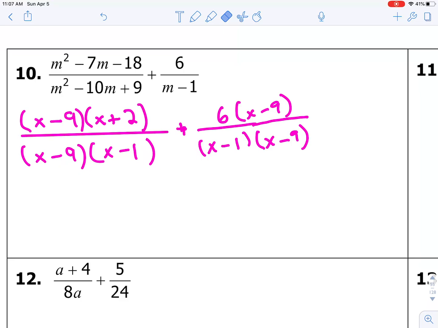So usually the rule is you multiply by the opposite denominator, if you remember, but we don't need to multiply by the other denominator because this one already had an x minus 1 in it. So once they're common, you're good to go. Now when I add these together, what I need to do is combine my like terms.